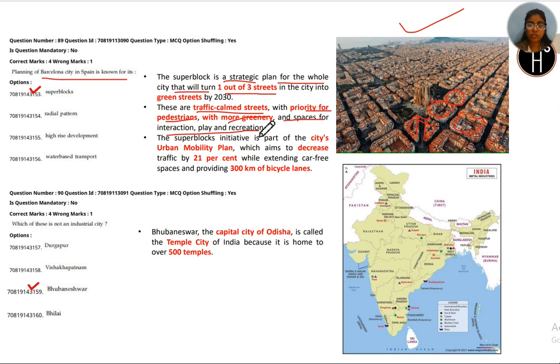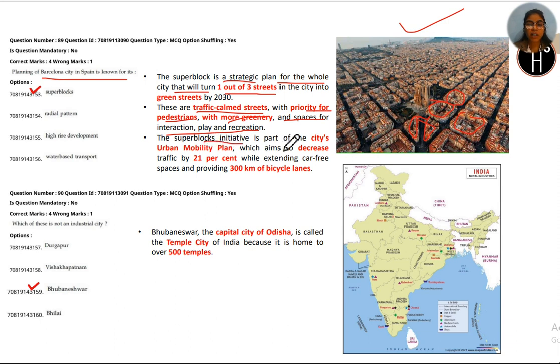So they are imagining streets with very little traffic, where more people will use the street, with more green spaces, spaces for interaction, play, vendor shops, and small green sitting areas. These were some of their aims.